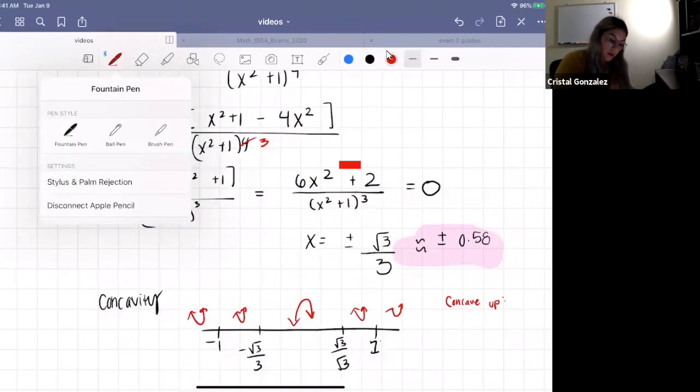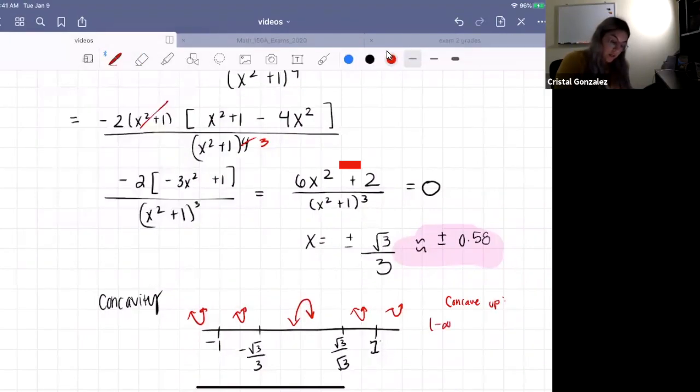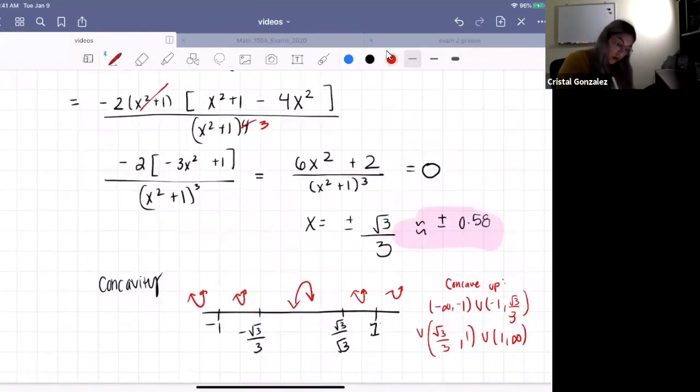We are concave up from -∞ to -1, union -1 to -√3/3, union √3/3 to 1, union 1 to infinity. And then we are concave down from negative √3/3 to √3/3.